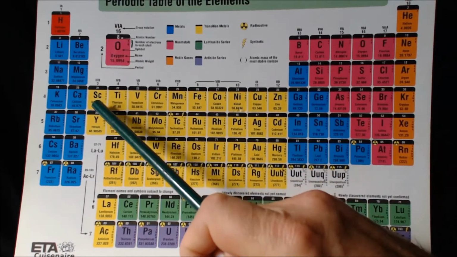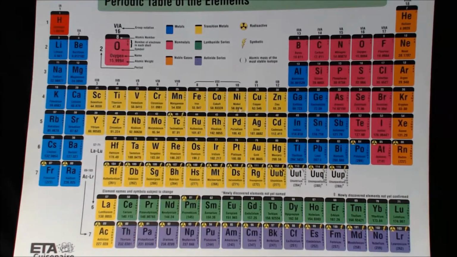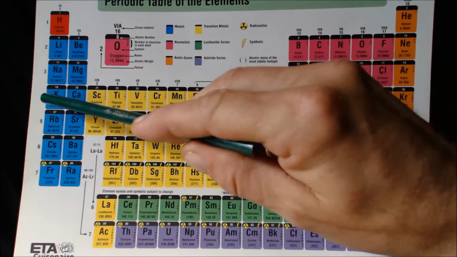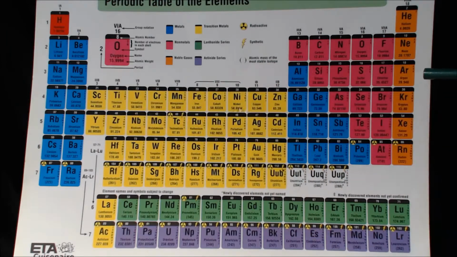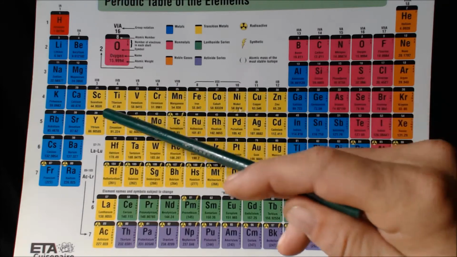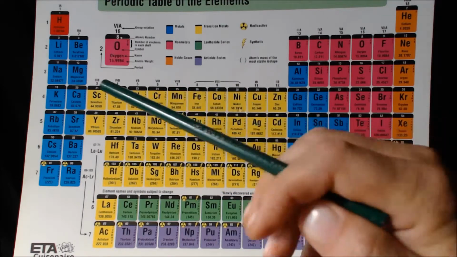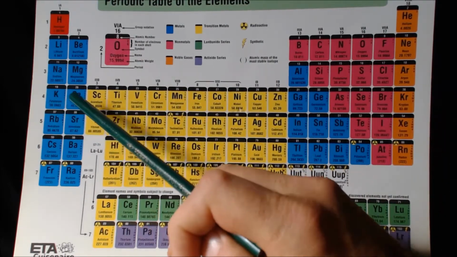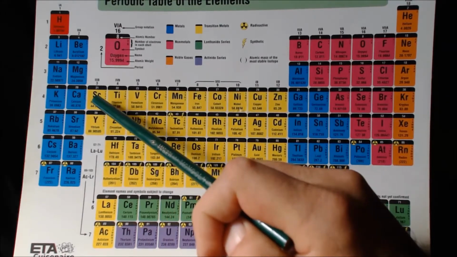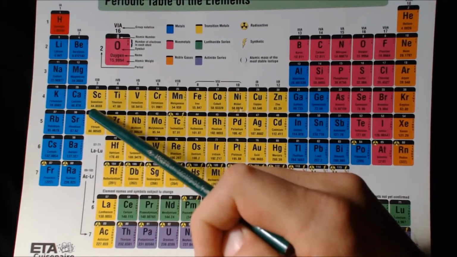So let's say I took off 3 electrons, and you went back to argon electron configuration. You still have the same amount of protons, so you're still scandium. You would have none of your 4s and none of your 3d orbitals filled, right? Because you're a positive 3. You're up here by argon. Now let's say I added 1 electron to Sc. That electron does not start filling the 4s. It immediately goes into the 3d orbital.